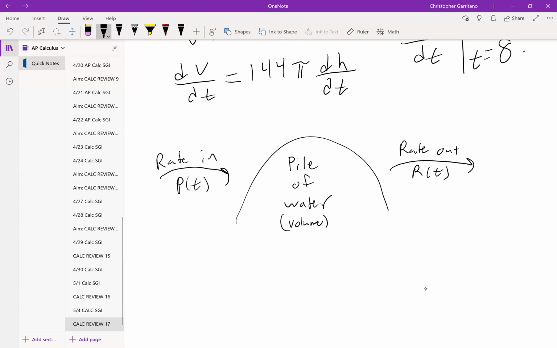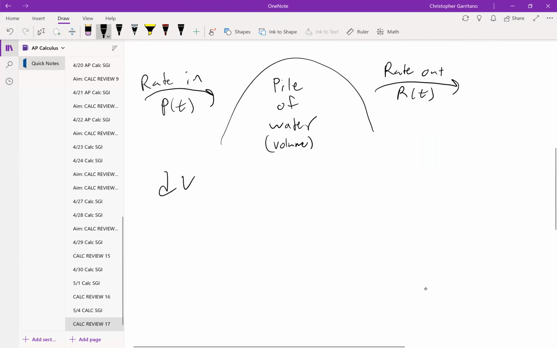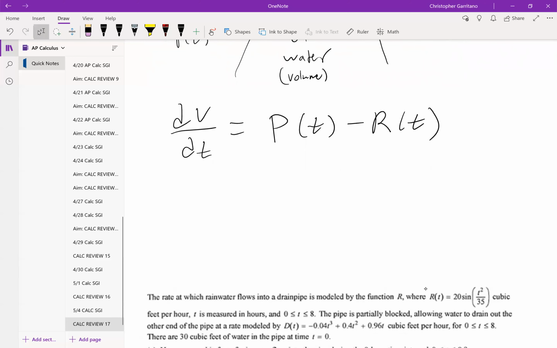But since both are occurring, the rate of change in volume is going to be equal to the rate in minus the rate out. Okay, so at any time t, the rate of change in volume will be P of t minus R of t, the difference in the rate in and the rate out. That being said, if we want dV dt evaluated at t equals 8, we just need P of 8 minus R of 8.